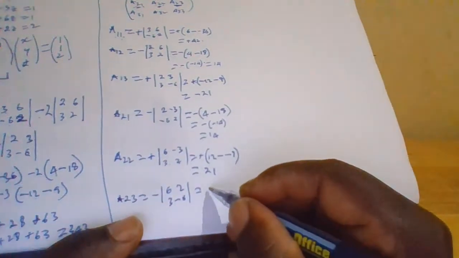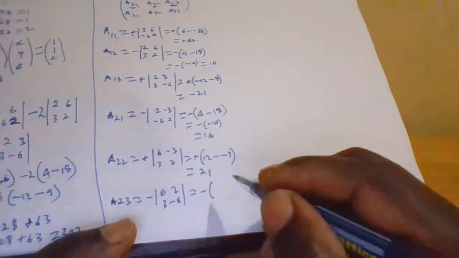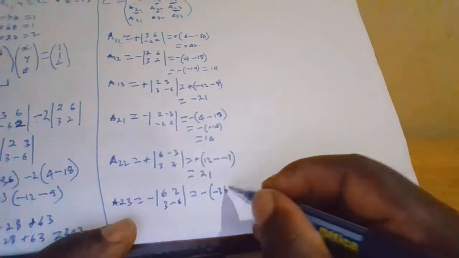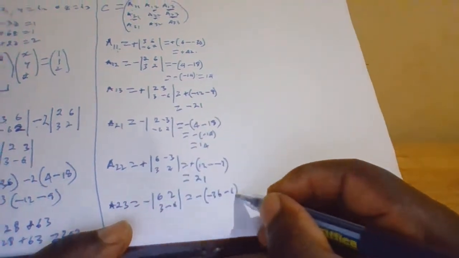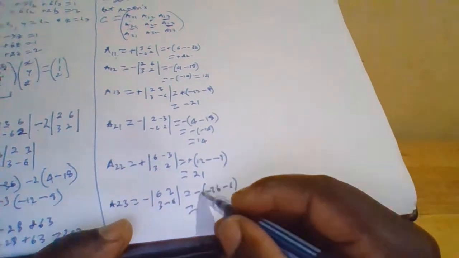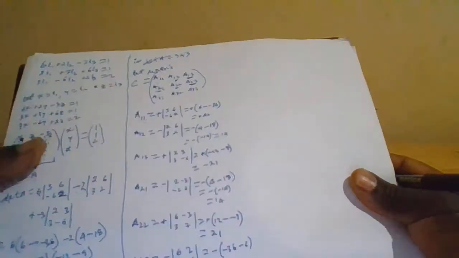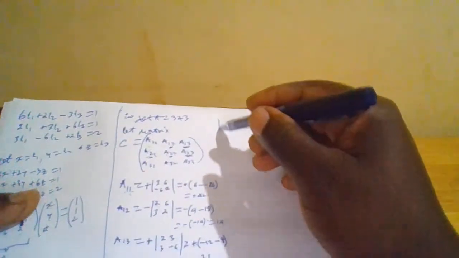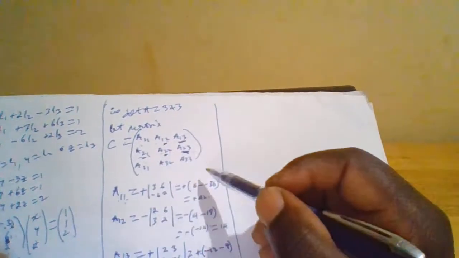So we have negative 6 times 6, we have negative 36, minus 3 times 2, so minus 6. So this equals minus 42. We have a minus, so it will be positive. So we are through with the elements of that row.